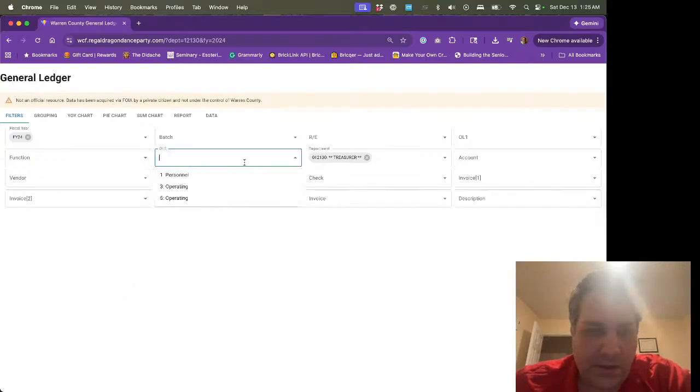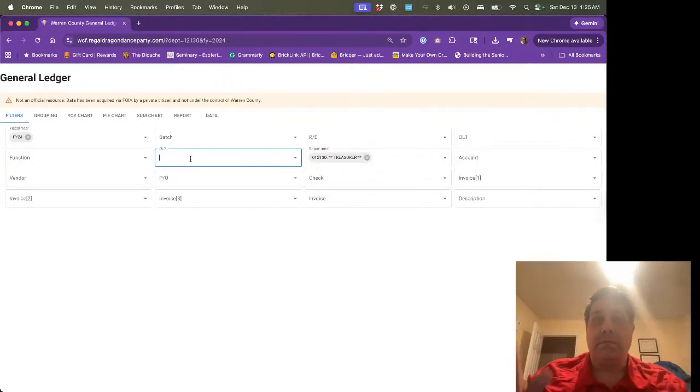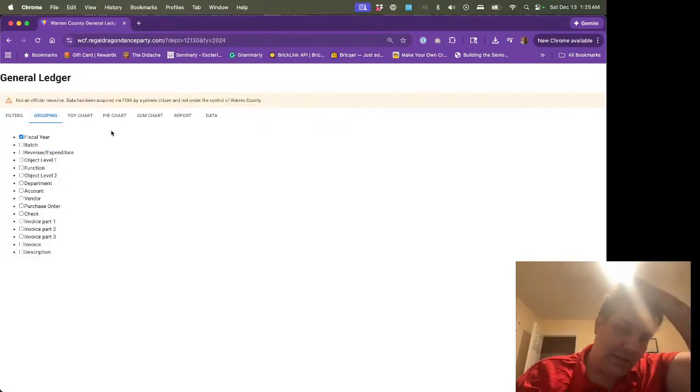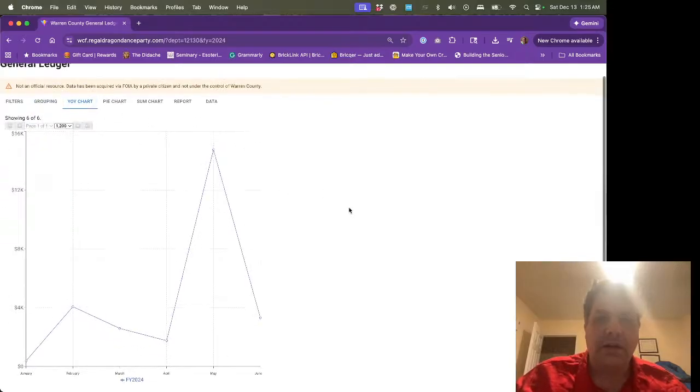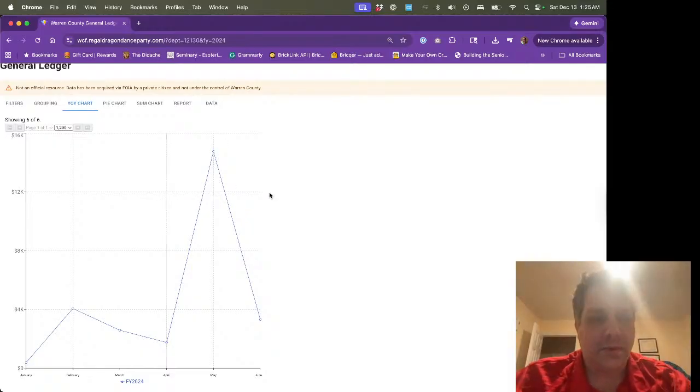So these are lots of drop downs that actually filter. This used to be all on one page, and things just kept growing. These are the filters. These are groups to change my series, my year-over-year chart. So the year-over-year chart, I'll show you what I'm trying to look for here.